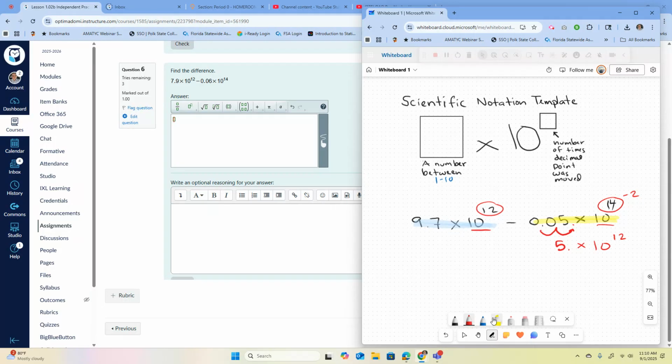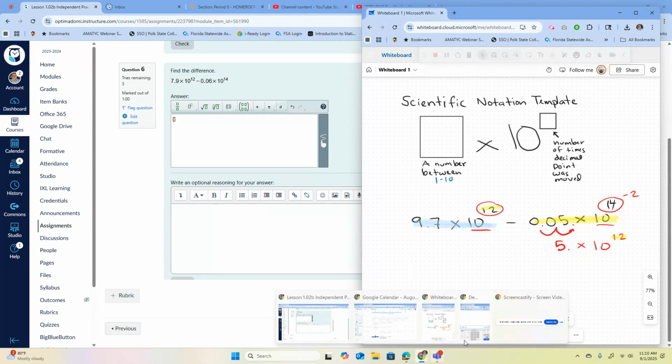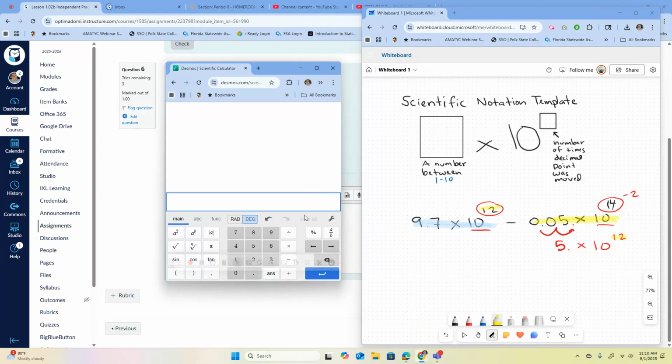And you can see now that we have the same exponent in each power of 10, between the 9.7 times 10 to the 12 power and the 5 times 10 to the 12 power. When you have the same exponent for the power of 10, take your calculator and work with the numbers that are not powers of 10.